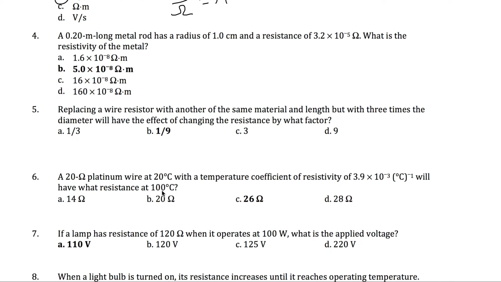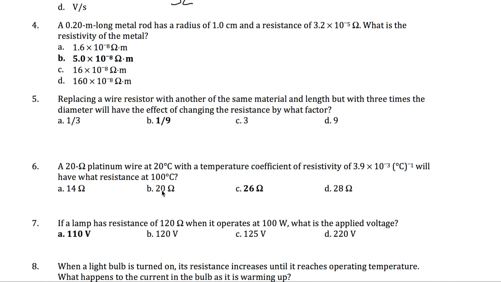Let's do number 4. Here we are looking for the resistivity of the metal that's going to affect the resistance. So we're given a 0.2 meter long metal, we're given the length L, we're given the radius. Now we will want to convert that radius to meters, so 0.01 meters.